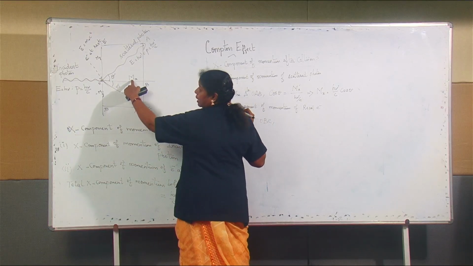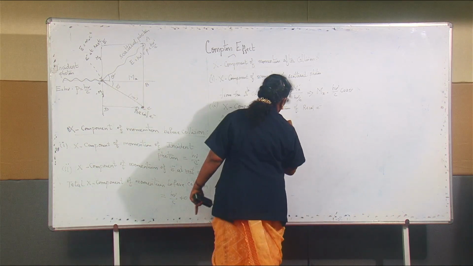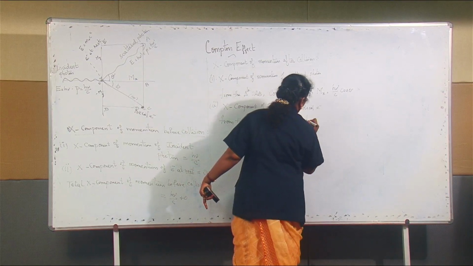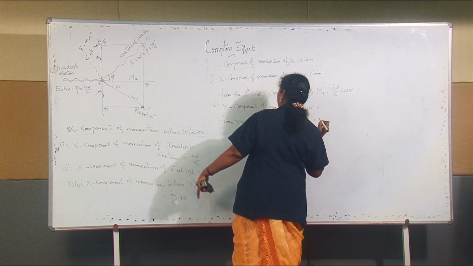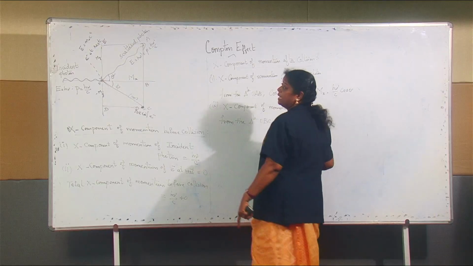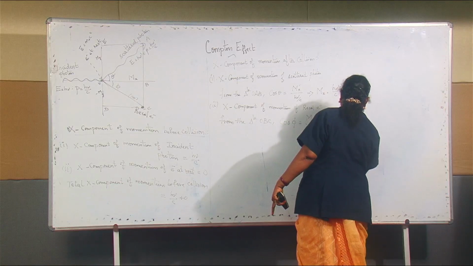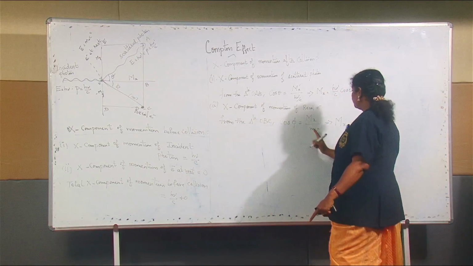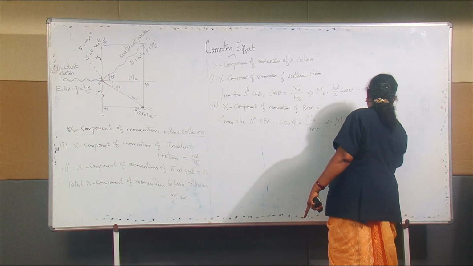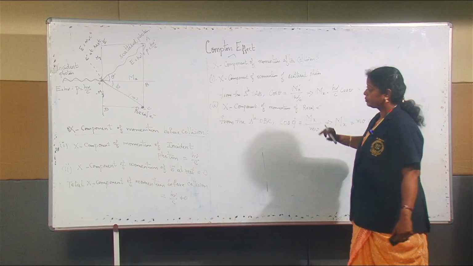Similarly, the momentum along the x axis is on the adjacent side, so again we can use cos phi. Cos phi is equal to mx by mv, since the momentum of the recoil electron is mv. We want to find mx, momentum along the x axis. Therefore, cross multiplying, mx is equal to mv into cos phi.